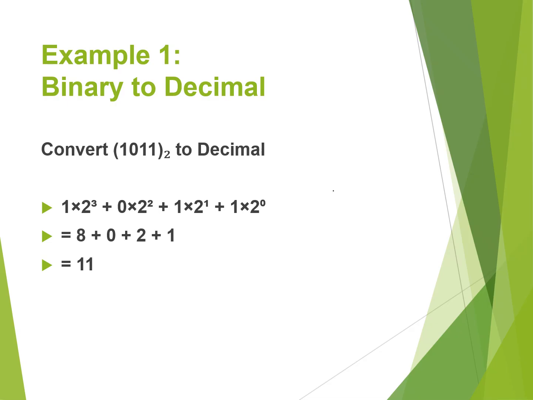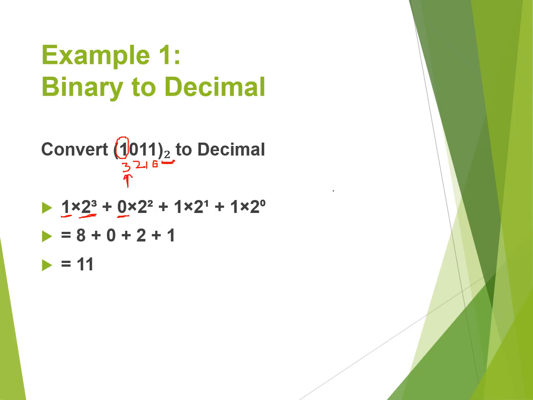Let's start with the very first question, conversion of binary to decimal. We can see a binary number, 1011. How do I know that it is a binary number? It is a binary number because it is showing this base 2 to decimal. Now, to convert a binary to decimal, we start our count from 0, 1, 2, 3. How it works? Digit 1, I can see here, multiply by 2 to the power 3, which is here.